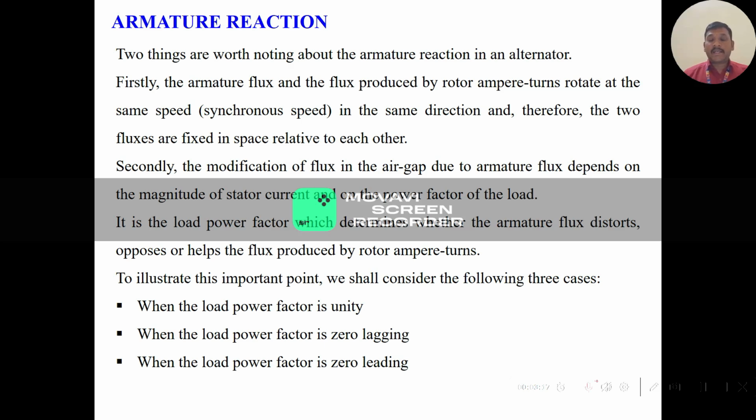And when you are connecting pure capacitive load across the terminals of the alternator, that creates zero power factor leading. So what is happening inside the machine when you are connecting these three kinds of loads: resistive load, inductive load, and capacitive load?